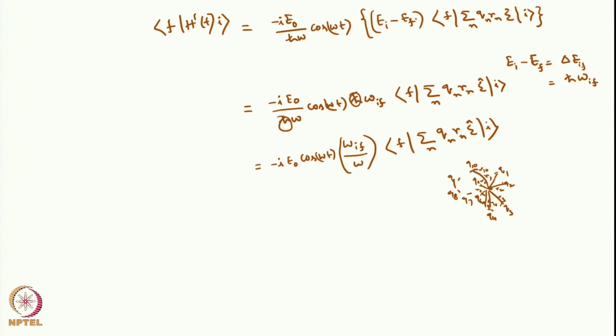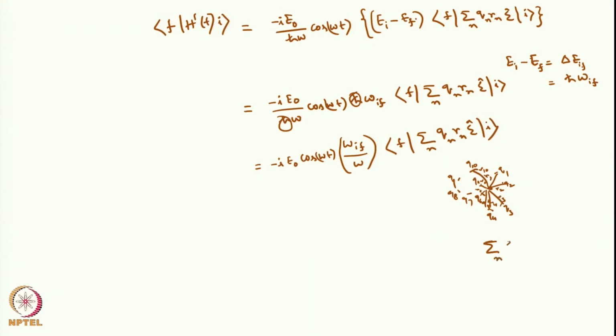It is a product of q n and r n summed over. If you have charges distributed like that, that will give you the dipole moment. So, for n charges, sigma over n q n r n should be equal to mu, that is the dipole moment of the molecule. So, that is nothing but equal to minus i E naught cos omega t omega i f by omega f mu epsilon i.